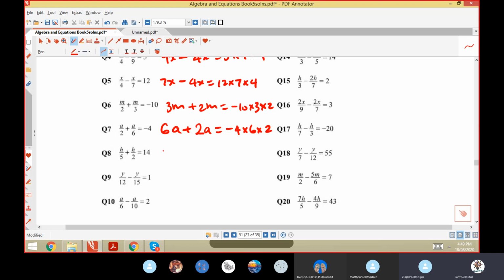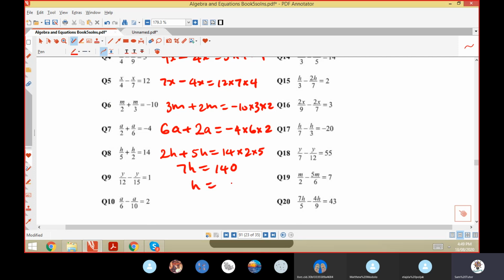So you do 2 times h, 2h plus 5h equals 14 times 2 times 5. Easy. Let's just finish it off since we're here to make sure. 2h plus 5h, 7h. 7h equals 140.